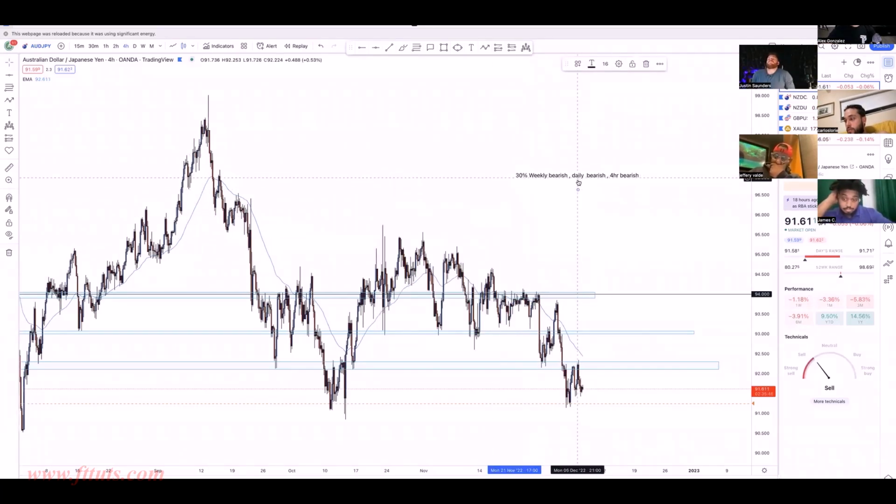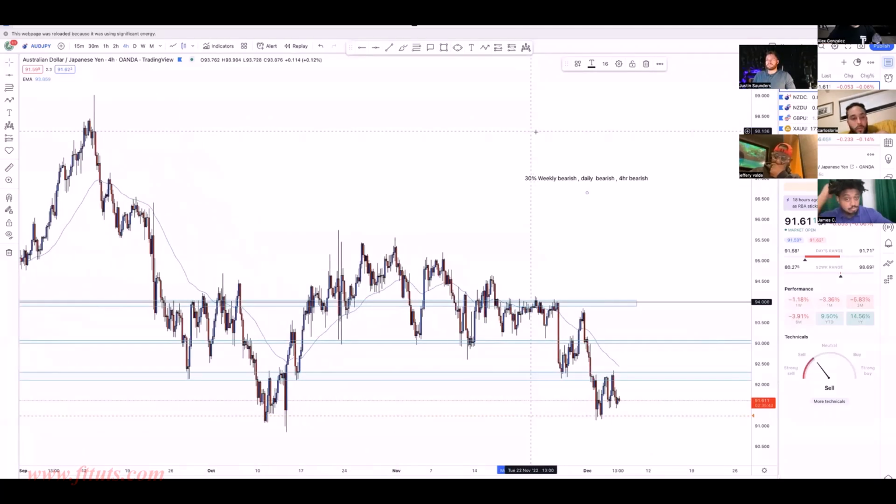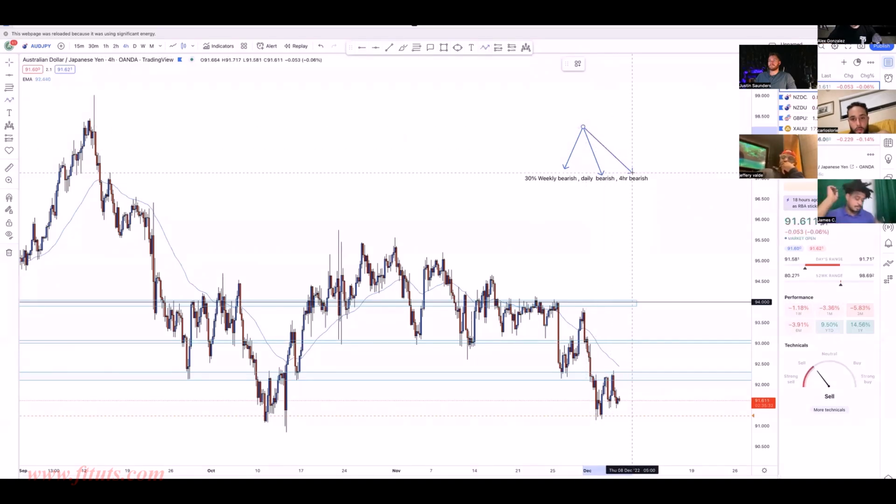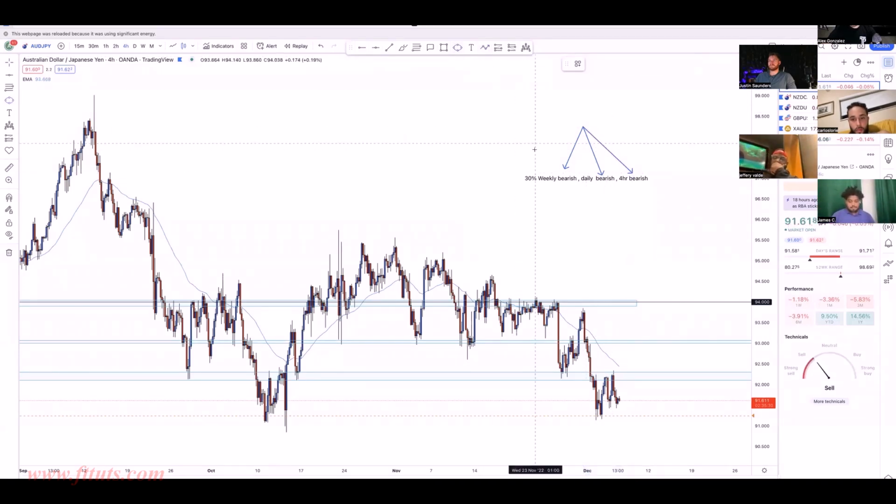So this is where we would categorize this trade as a 30%, meaning as of right now, since we have the weekly bearish, the daily bearish, and the 4-hour bearish, this is now 30% towards your trade, which is pretty good to start because you already have a base.